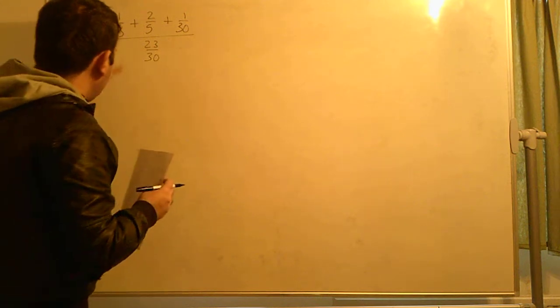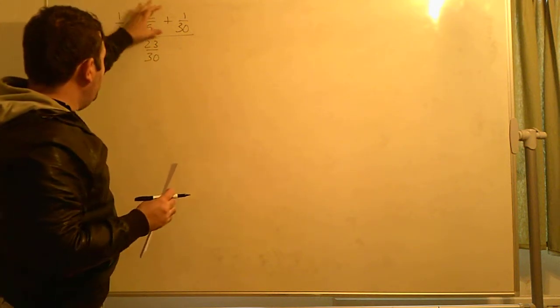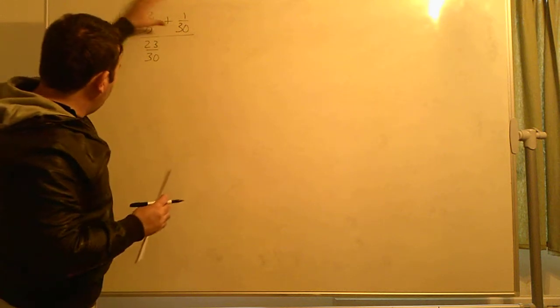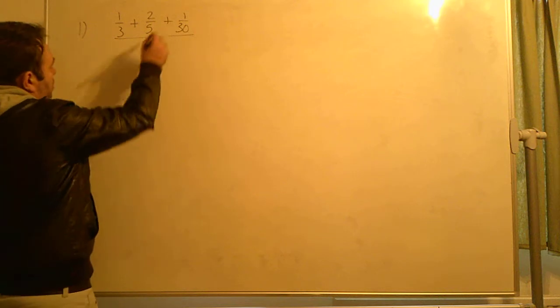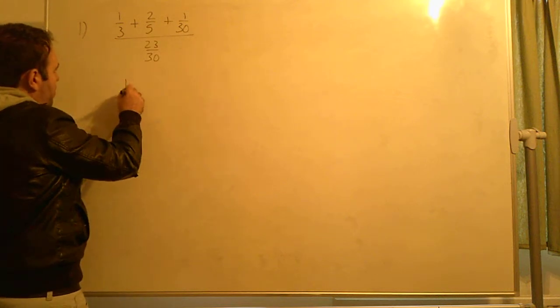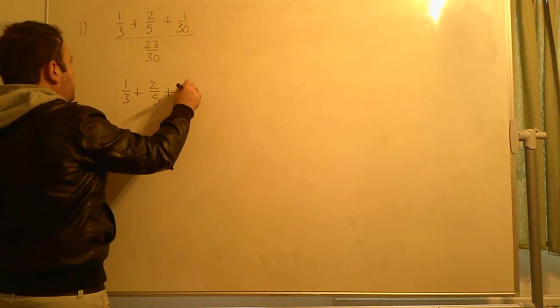So this is really a fraction, although it doesn't look like one. All this thing is the numerator, and this is the denominator. So we're going to start with the sum up there. So it's 1/3 plus 2/5 plus 1/30.